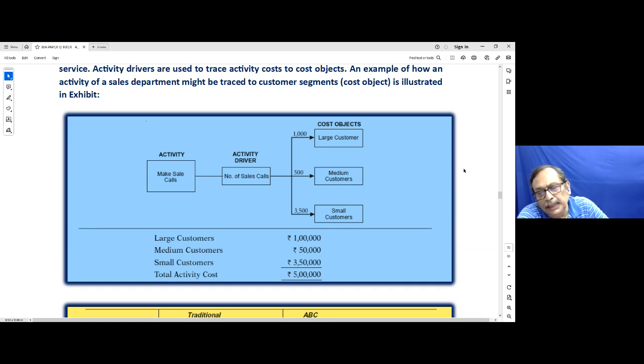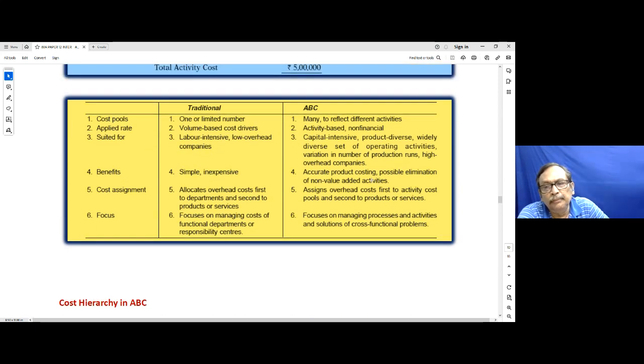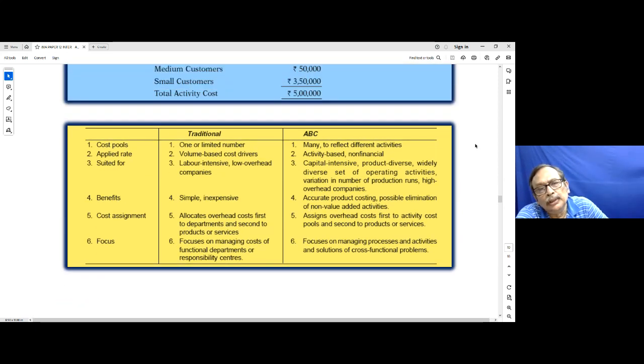So based upon the activity, we are going to choose the activity driver, and finally we are going to charge the overhead cost to different cost objects based upon the activity cost driver rate. Now at this juncture, we may be interested to know what are the basic and most phenomenal differences between traditional and activity-based costing.